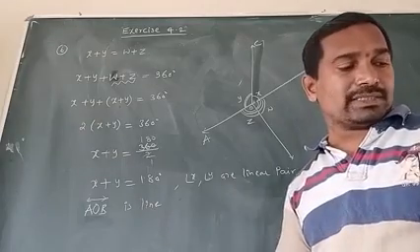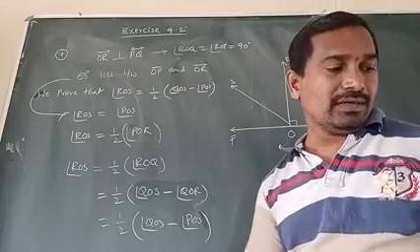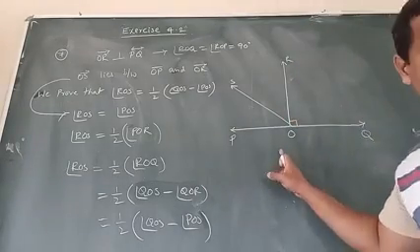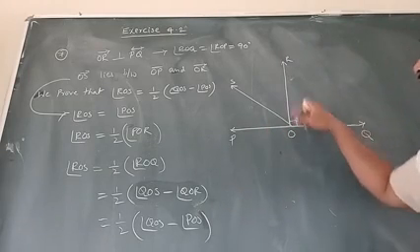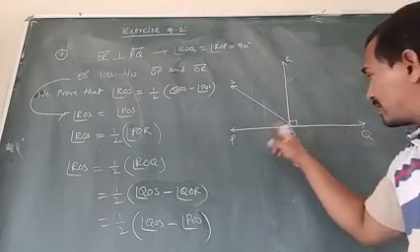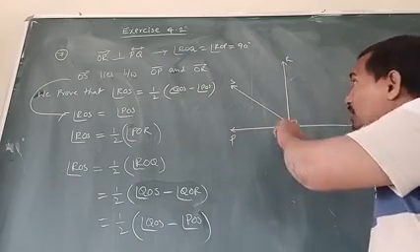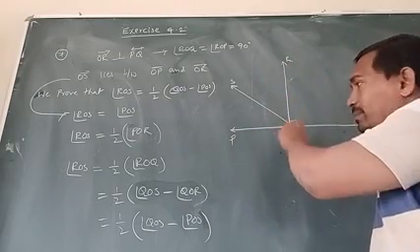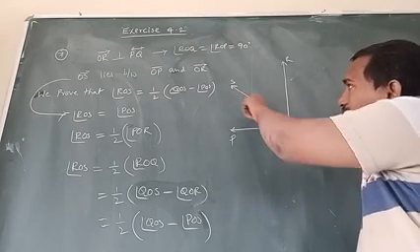Okay. Next, let us see the next problem. See children, the seventh one. In this given figure, PQ is a line, OR is a ray perpendicular to PQ, and OS is another ray.